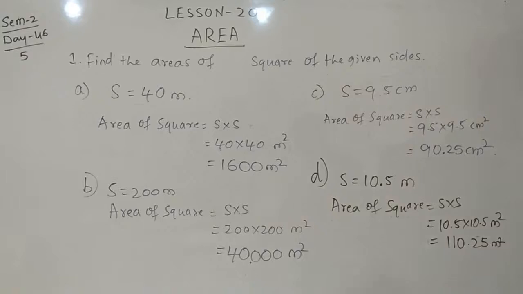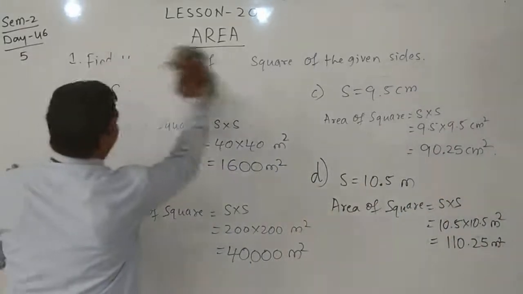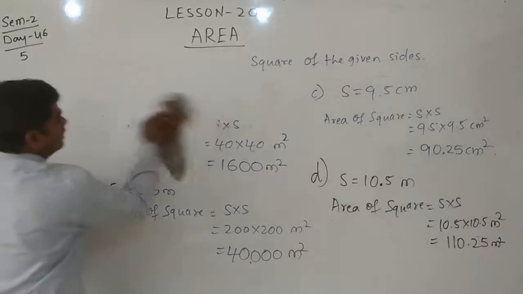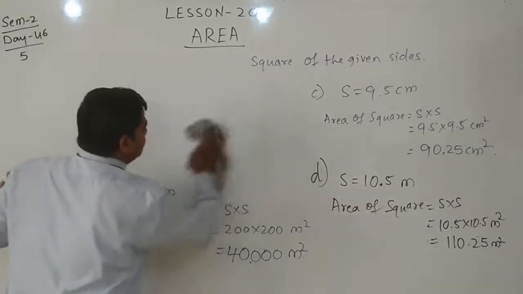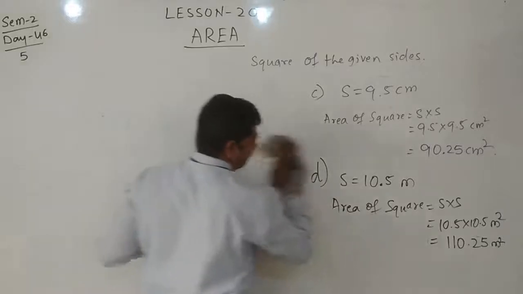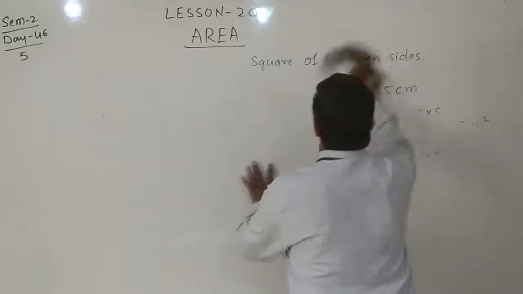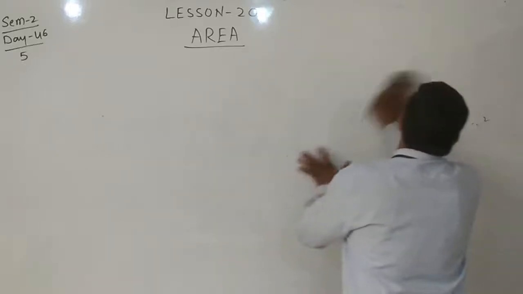After this we can find the area of rectangles, areas of rectangles for the given length and breadth. After that, some story problems are there, that also we'll see. Very simple here.